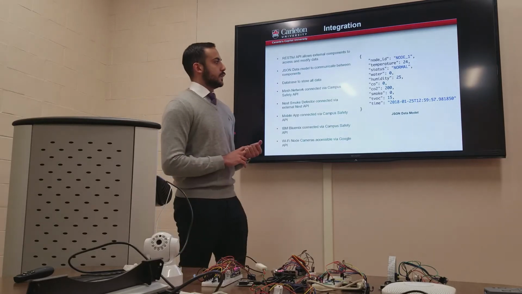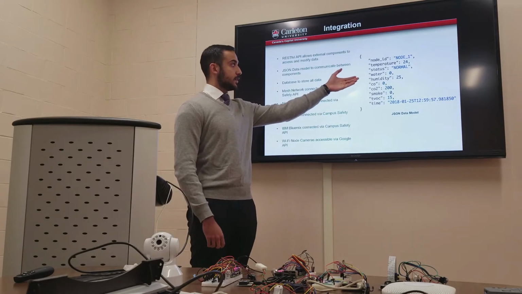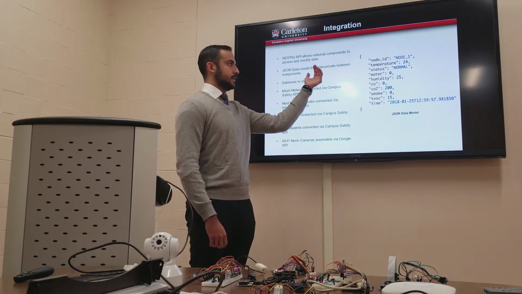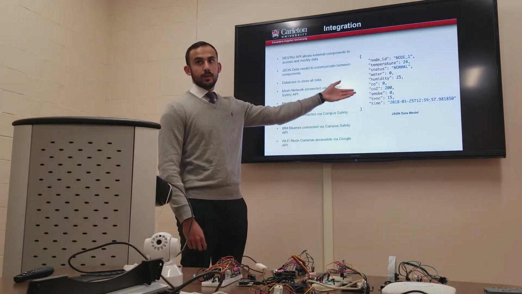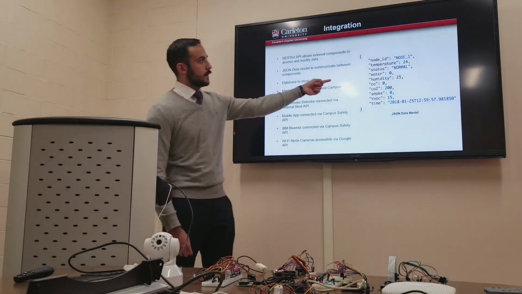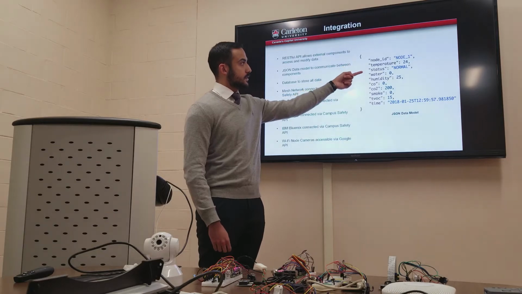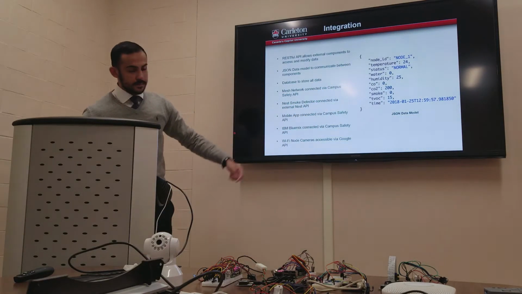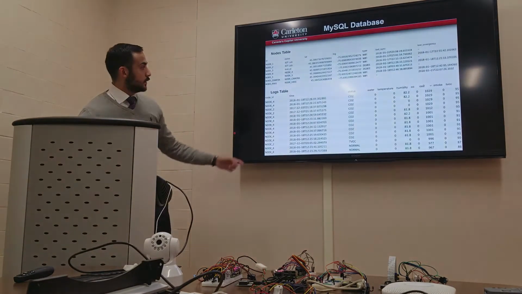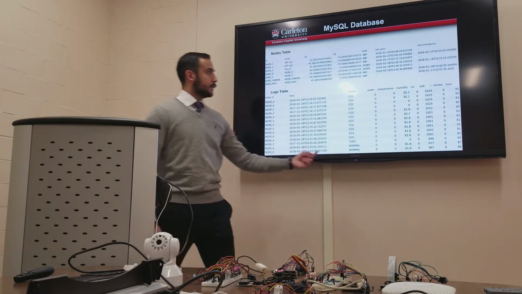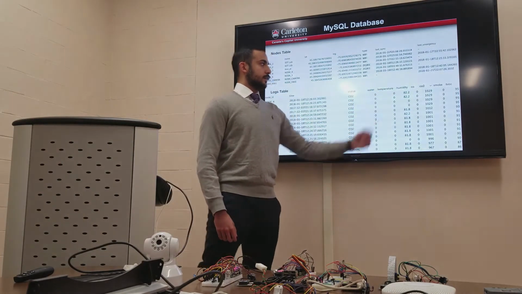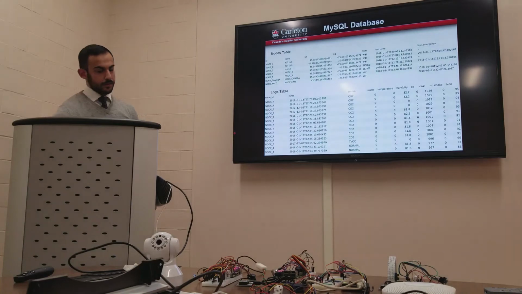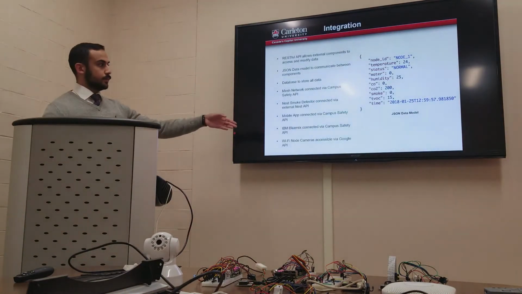So this JSON log exactly flattens out to one row in our logs table. So for example, I have the node ID, temperature, status, time, and all the sensor values. If I were to go back, you would see node ID, time, status, water, and so on. So that JSON object maps out to one row.